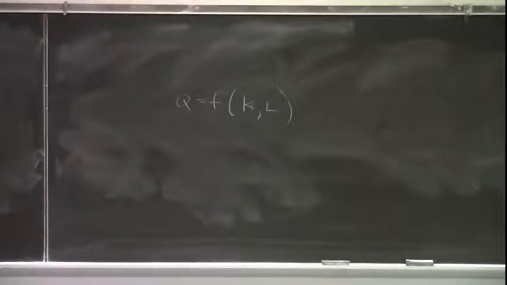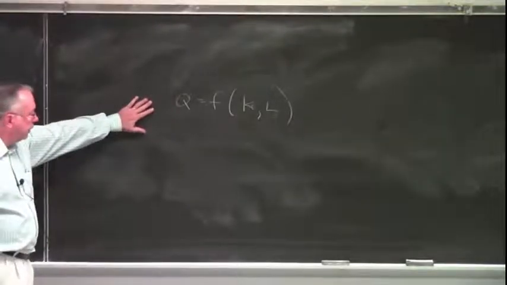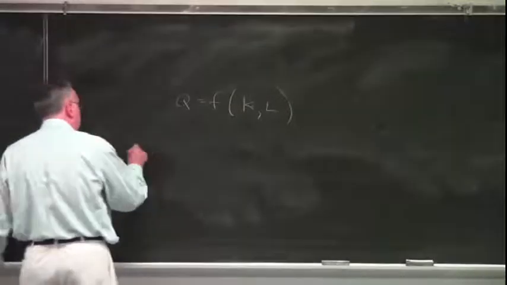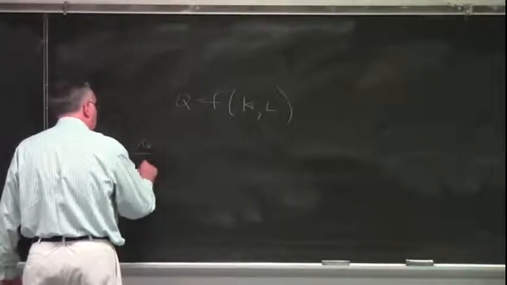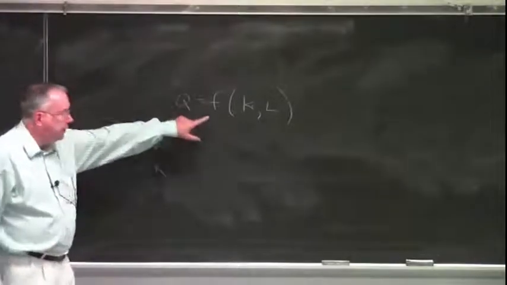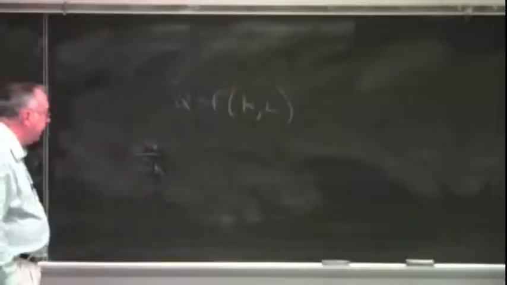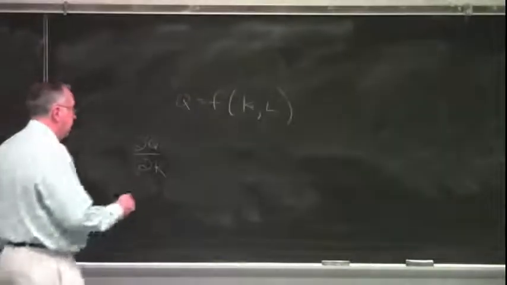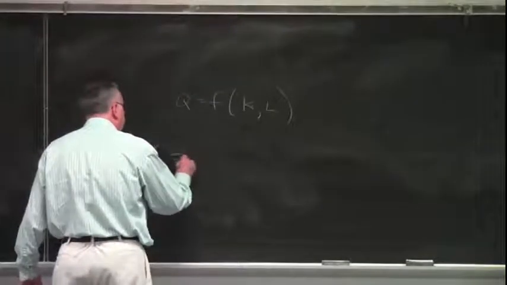Okay. Now, one of the notations that we're familiar with is this. Partial Q, partial K, is the partial derivative of Q with respect to K. There's an alternative way of writing this which is convenient. Another way of writing this is just this.